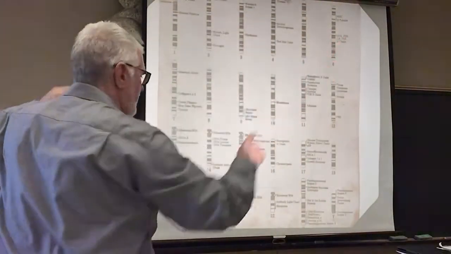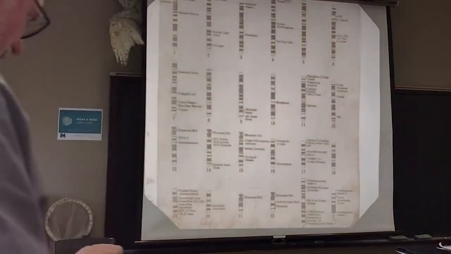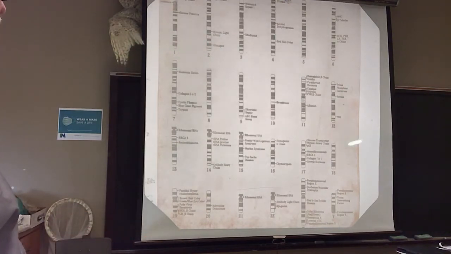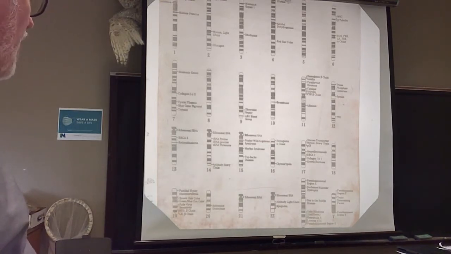We have number 1 through number 22, and you'll notice that they get smaller and smaller and smaller. Here's the number 21. It's pretty much the smallest chromosome other than the Y that we have.